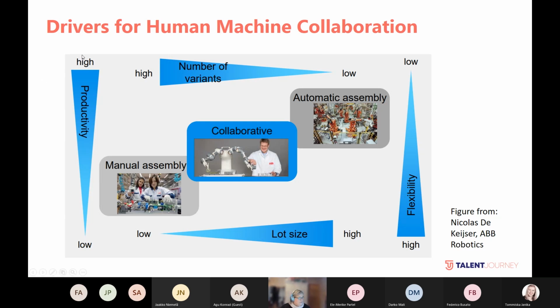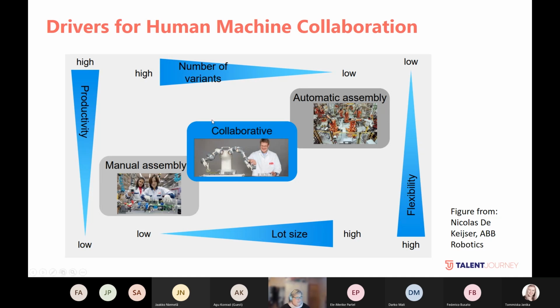Then, of course, productivity is high, but on the other hand, there is really no flexibility. And then we are here on the automatic assembly. These are the options we are already familiar with to organize production.